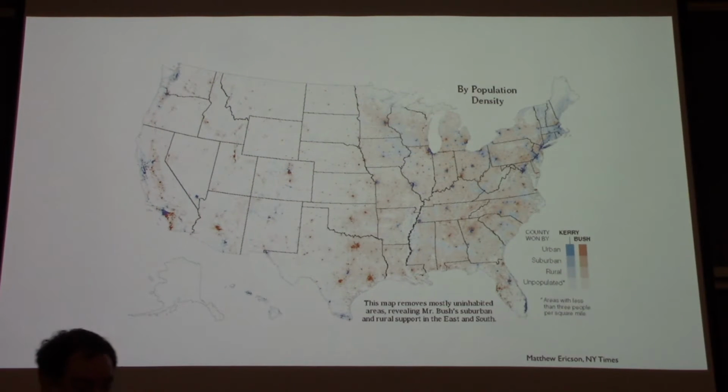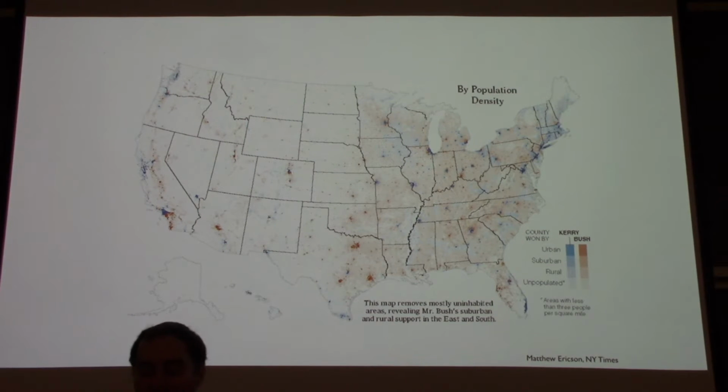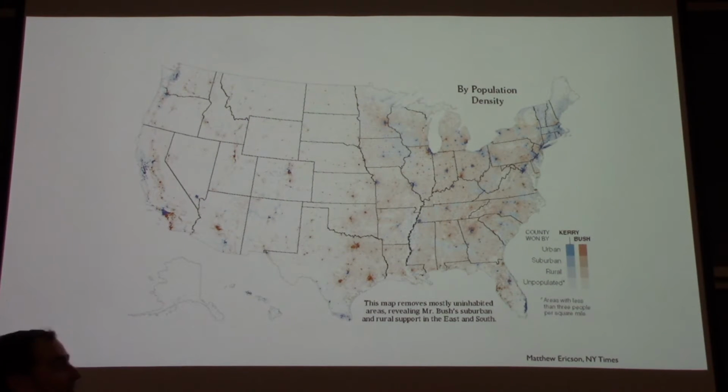If you adjust this by population density, the picture gets a little bit more intricate, and you can see essentially that the urban areas cluster the Democrats. With the exception of California and some southern states like Texas, and of course Utah and Arizona, where the urban areas also go Republican, otherwise the urban areas tend to go Democratic.